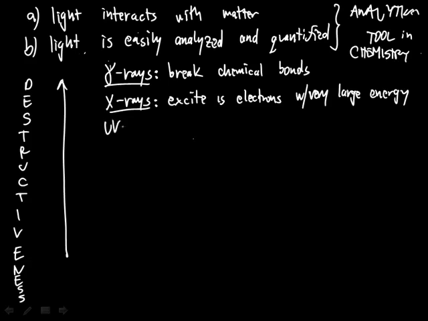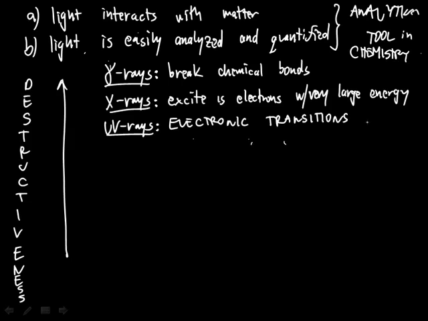Moving now to even lower energies, UV rays already begin becoming interesting for us because they cause electronic transitions. For example, when we talked at the beginning of the course, we talked about sigma and sigma star orbitals. So the sigma bonding orbital has a corresponding anti-bonding orbital, which is high in energy.